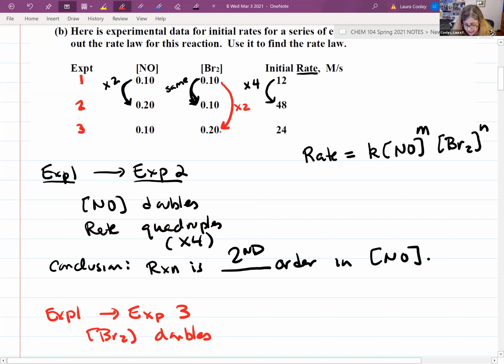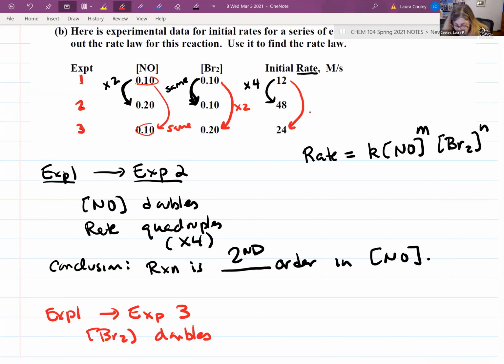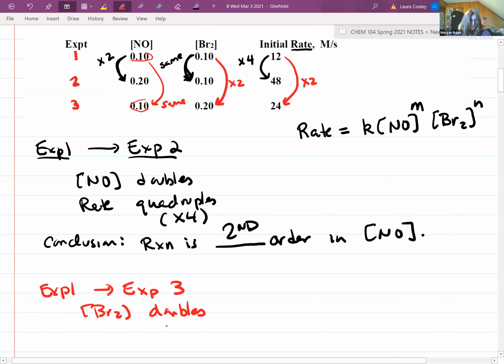And you have to check that this concentration stays the same. And now look at what happens to the rate. What happens to the rate? It doubles. So here, bromine doubled, the rate doubled.